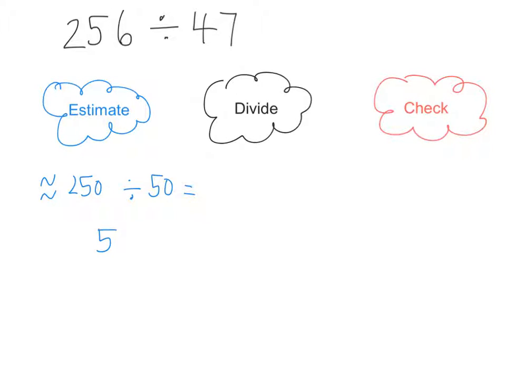Okay, now let's set up our standard algorithm to do the D part, the divide. I have 256 divided by 47. Okay. Hey, did I set this up correctly? No. What fabulous fail did I make this time? Ella?